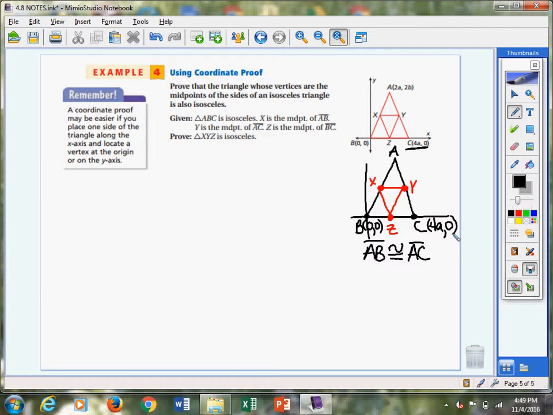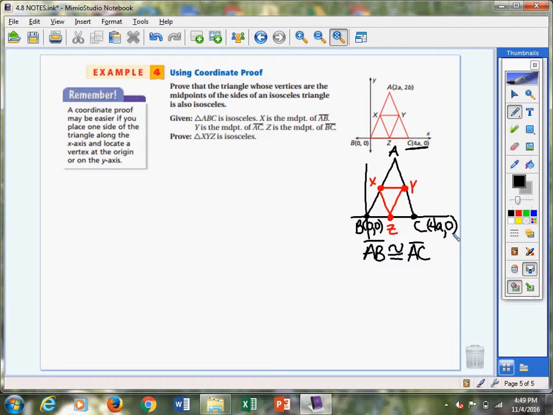Since we're working with two separate triangles here, we're probably going to have to use the midpoint formula and the distance formula. We want to make these numbers as easy as possible on us. So that's why they call point C 4A, 0, because we know that Z is going to end up being 2A, 0. It's basically the halfway point of BC.